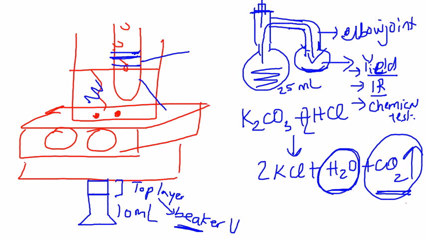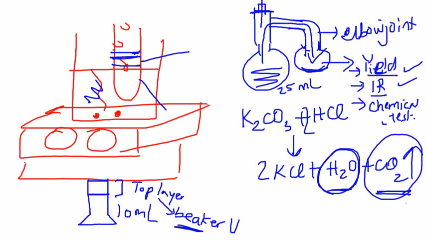But the three things that we would look for are yield, IR, and chemical test. Now, if you did not see any bubbling, that means you should not have any water. So then you can go ahead and treat it as a dry compound, and take the IR, get the yield and do the chemical test.